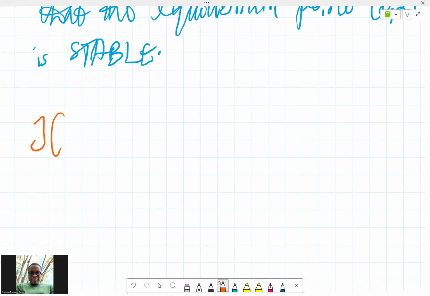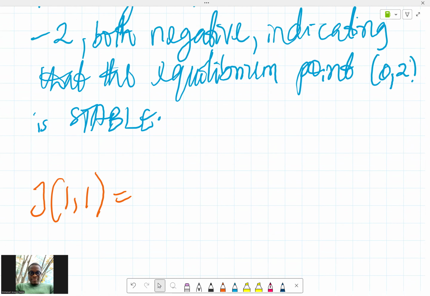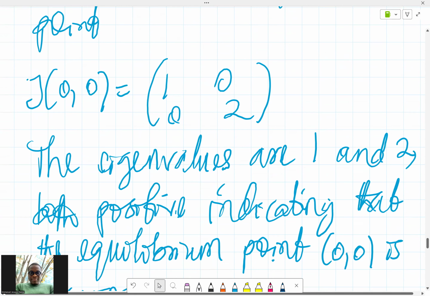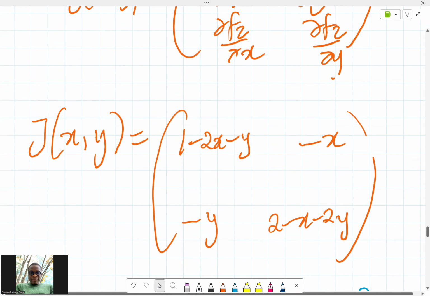So we have J1, comma 1 equals. Again, we go back to the basis. So we have 1, 1, right? So this is 1 minus 2 minus 1, so that will be minus 2. Then this will be minus 1, of course, because x is 1. Then 1, 1, so this is also minus 1.